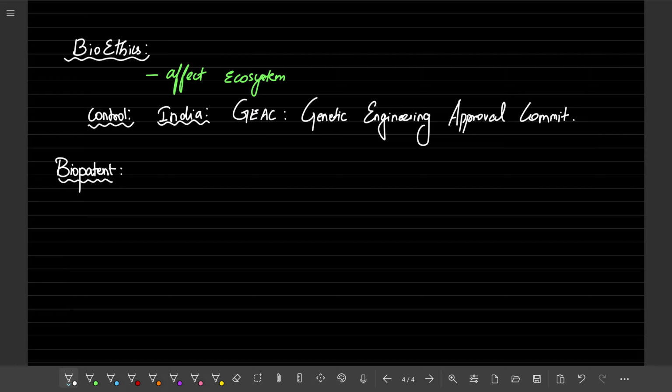Now, initially, patenting meant for designs and models in engineering, things that you built. So nowadays, you can do it even for your intellectual properties, like any songs that you make, anything that you produce on your own, anything that you write, anything. So, but what is a biopatent?